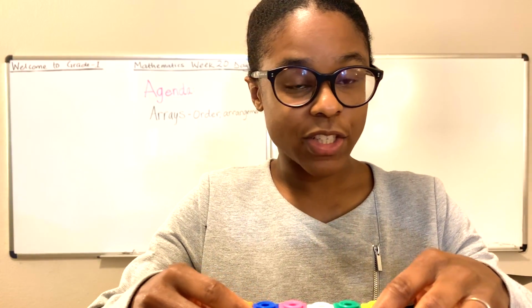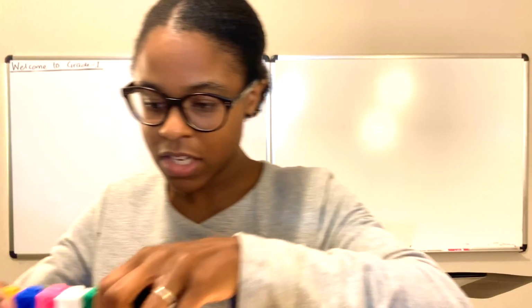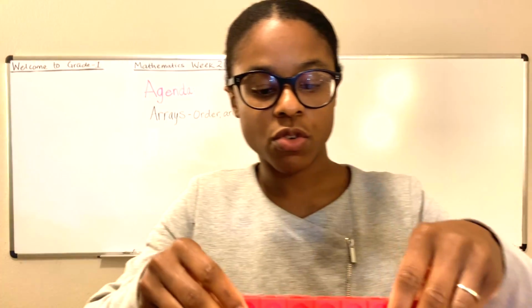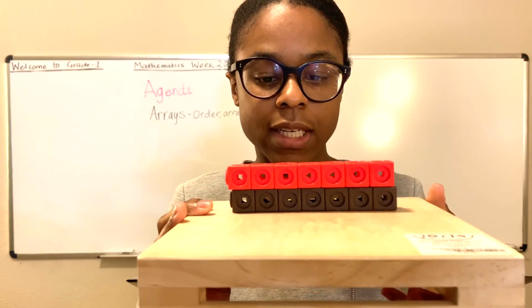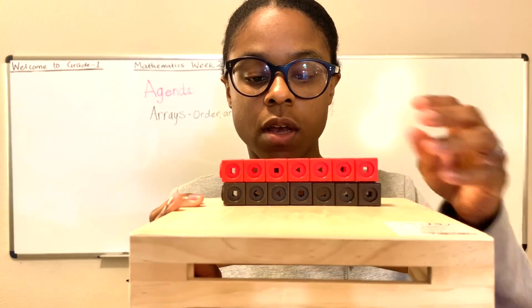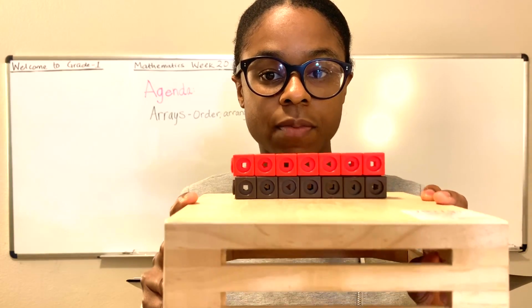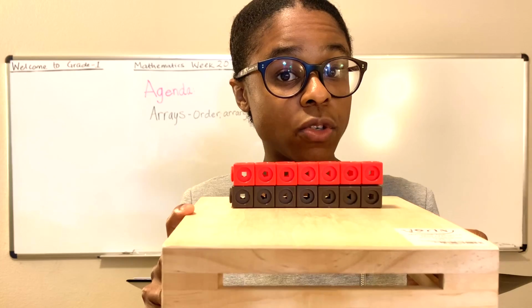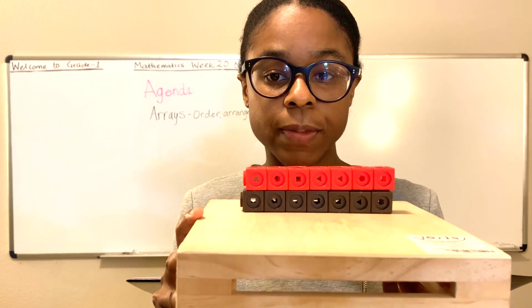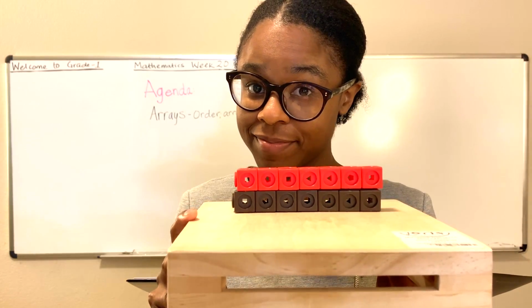Now that we've learned that 2 times 7 is 14, what if you were to create a different array or order it differently, place it in a different order, something like this? Now how many groups do you have? Well, you only have 2 groups, a red group and a brown group, 2 groups, no longer 7.